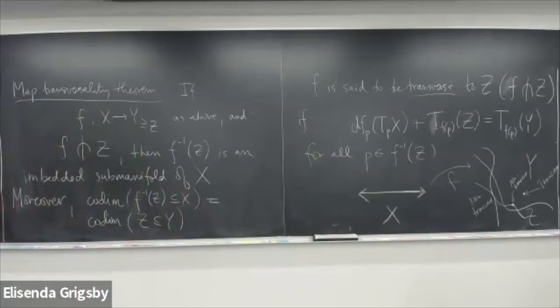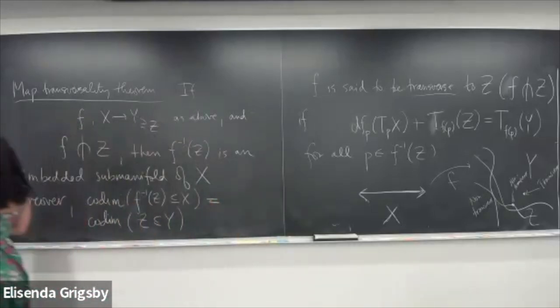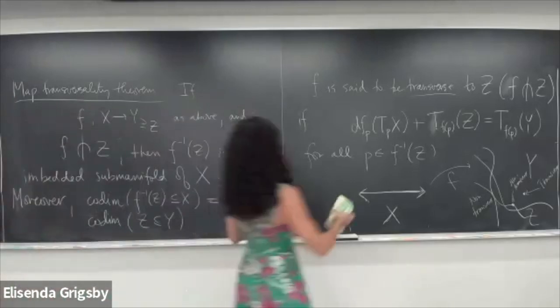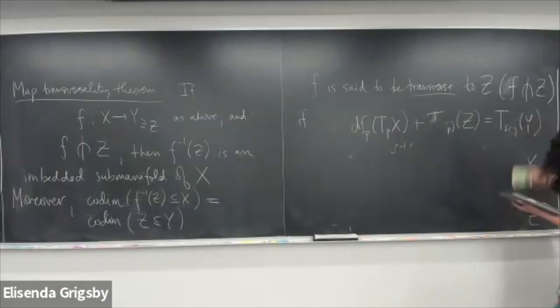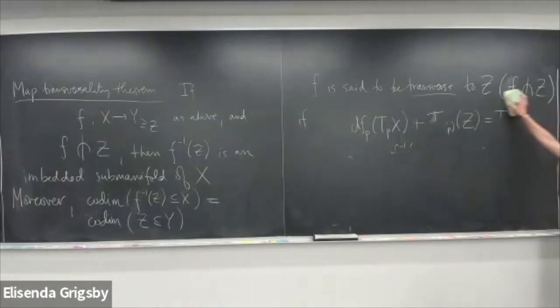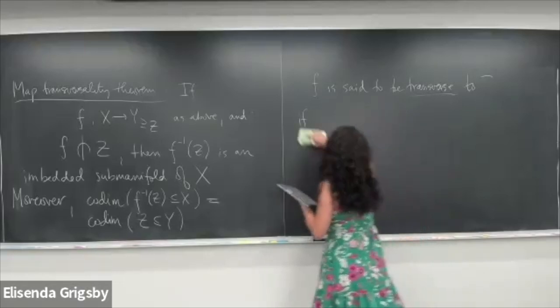So you should think of this as being like the rank-nullity theorem on tangent spaces. But all we have to do is write down the right notion of transversality for these finite PL objects. So I'm just going to do that and then we'll call it a day.